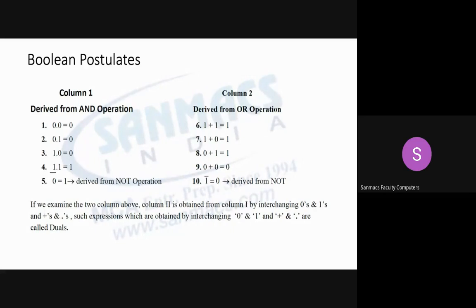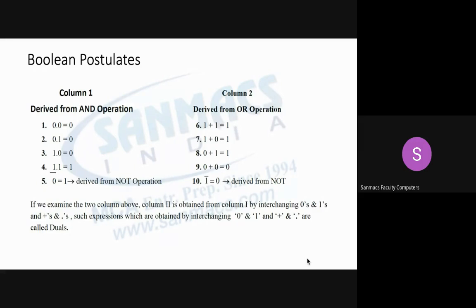It's the same thing that we saw 2 slides ago, where we were looking at the truth table for the AND operator. Now take a look at column 2, where we basically switched the zeros with ones, and we changed the dot operator with the plus operator. Basically, we swapped the AND operator with the OR operator, and we changed zeros with ones.